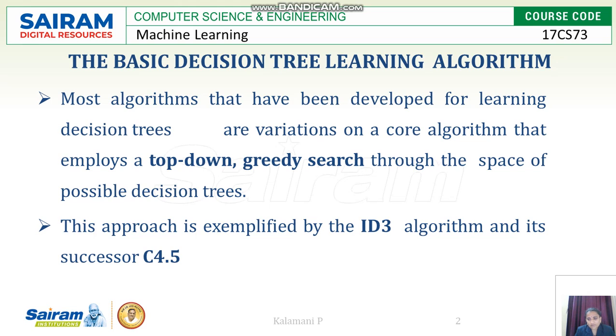I think you have already studied greedy methods, like finding the minimal spanning tree, Dijkstra's algorithm, Prim's and Kruskal's, all of which you have studied. Those techniques can be used for constructing the decision tree. So this approach is called the ID3 algorithm, and its successor is called the C4.5 algorithm.